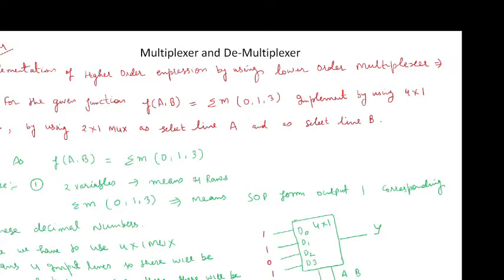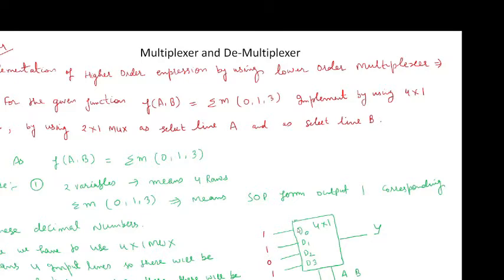It means there will be 4 input lines. When there are 4 input lines, you know that there will be 2 select lines. So when we solve it for a 4 by 1 multiplexer, this problem is simple.